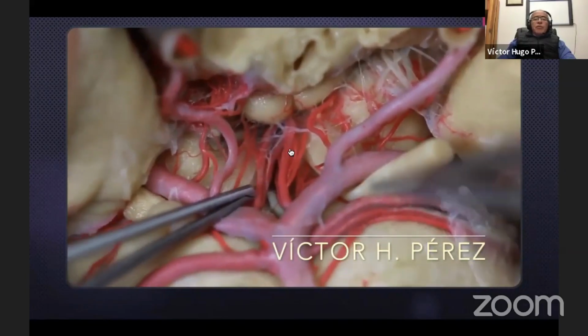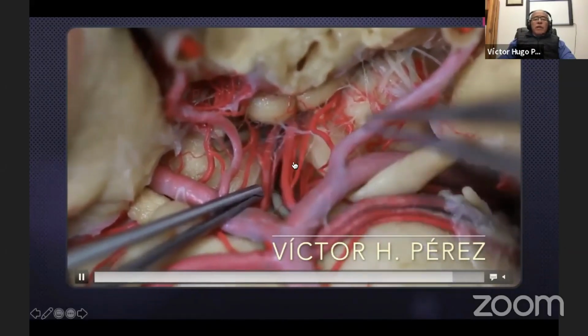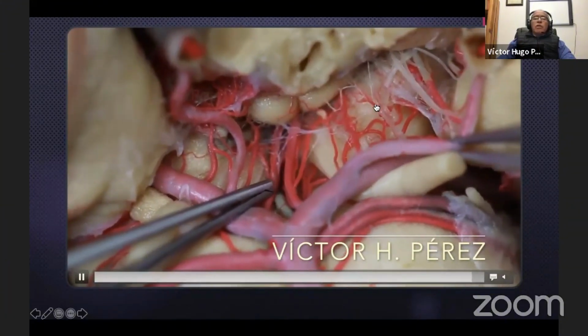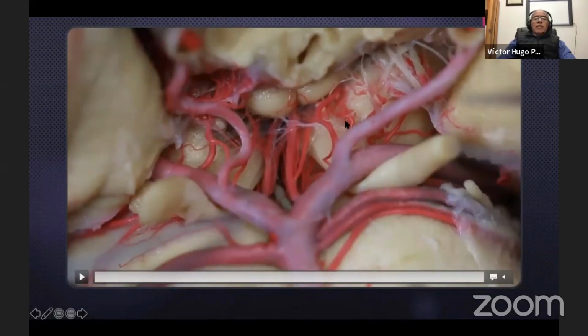This is the posterior perforated substance, and here we have this thalamo-perforating artery. These are small arachnoid tissue, and the advantage of injecting these arteries is to differentiate these small branches from the arachnoid with the arteries.